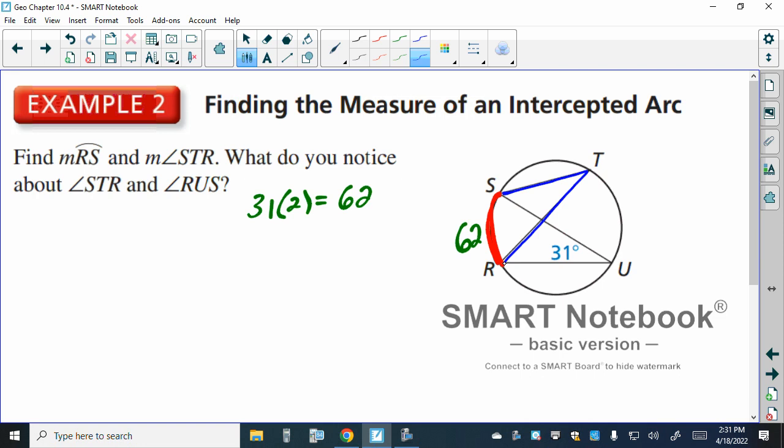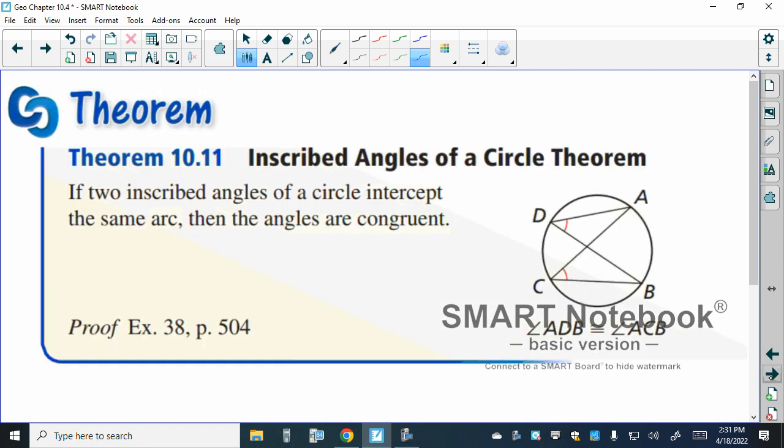So its arc is 62, yes? So they are the same, yes? So that's what's interesting about this is that these two angles, STR and RUS, are the same angle, yes? Let's look at the next formula, or next theorem.